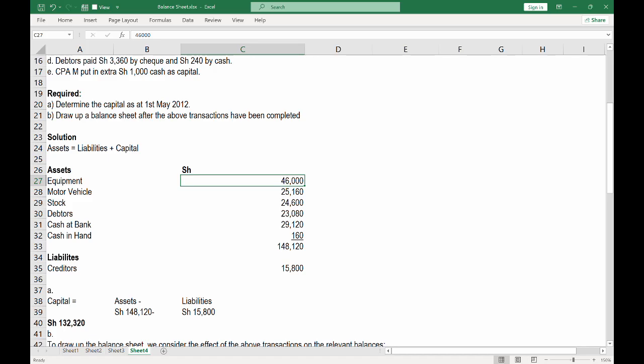So capital is equal to assets minus liabilities. So we are going to put all assets together and liabilities. So for assets, equipment, motor vehicle, stock, debtors, cash at bank, and cash in hand all add up to 148,120.